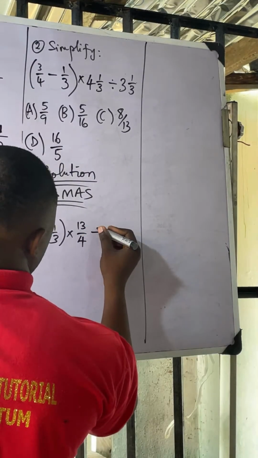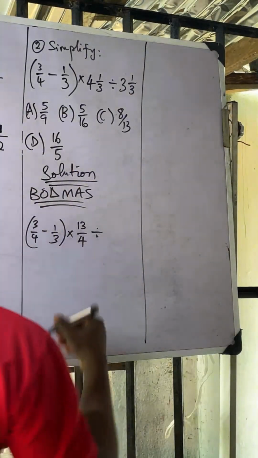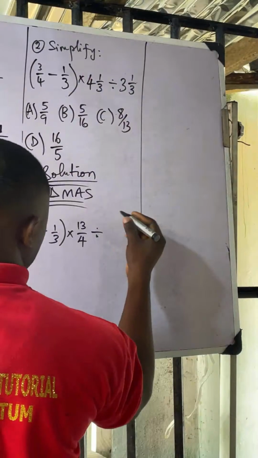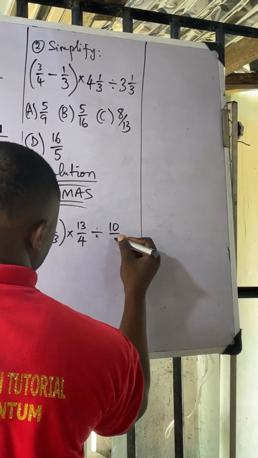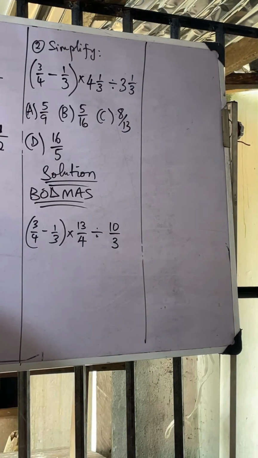Divide by 3 times 3, 9 plus 1, 10 over 3. Are you seeing it now?